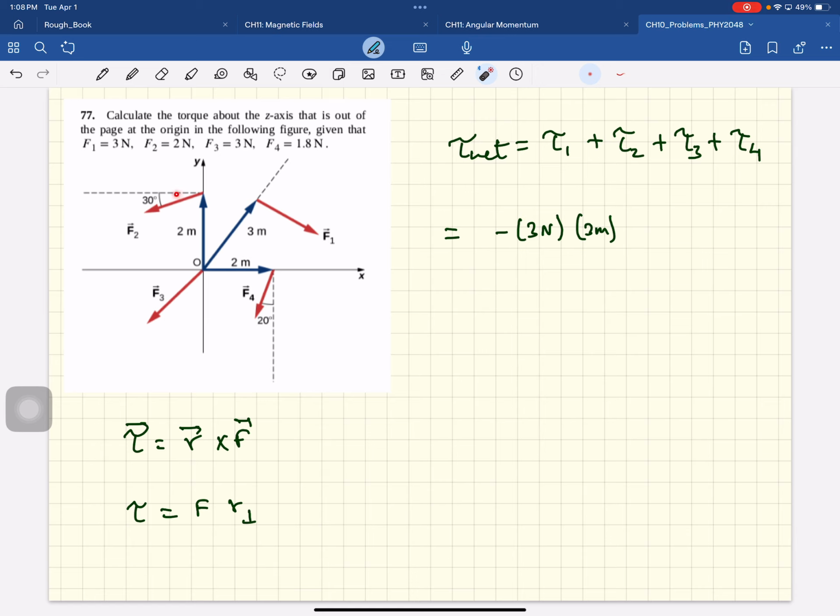So F2 cosine theta, I'll write this F2 cosine 30 times 2 meters. Torque due to force 3, what is this one? Why is it 0? Yeah, the moment arm is 0. Very good. So that's 0. And then plus F4 cosine 20 times 2 meters. And that's minus, that's a clockwise torque.